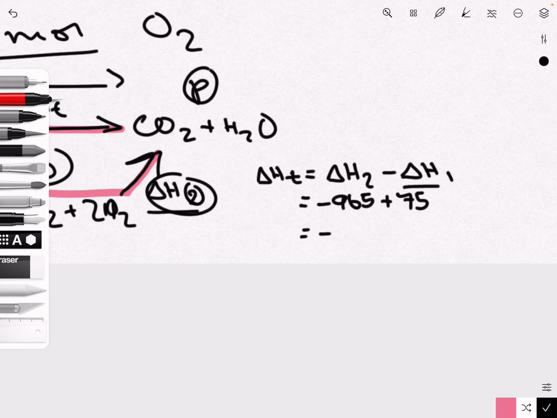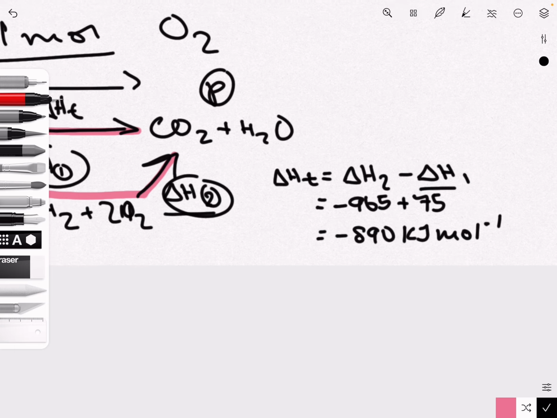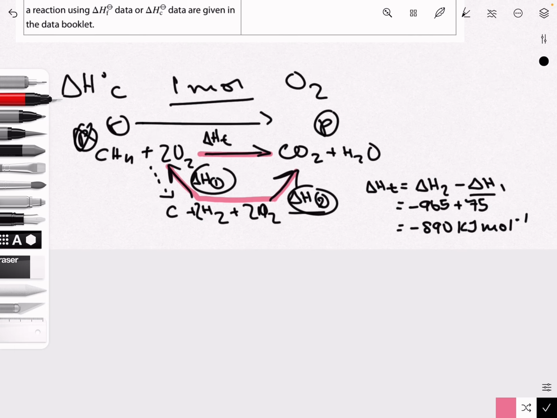Therefore, the total change in enthalpy is of minus 890 kilojoules per mole. Now that's one example of what it looks like when you draw out an energy cycle.